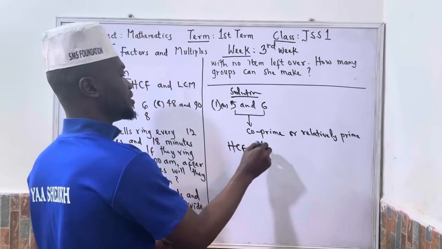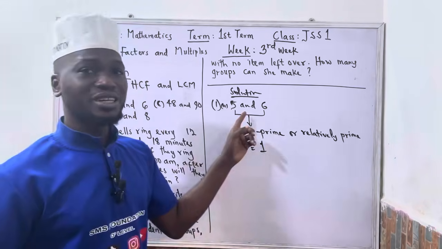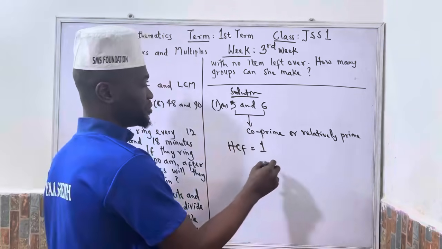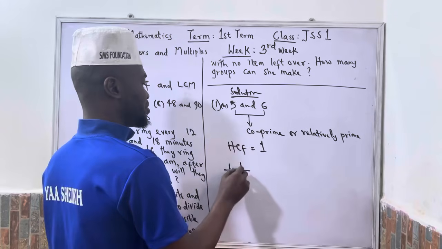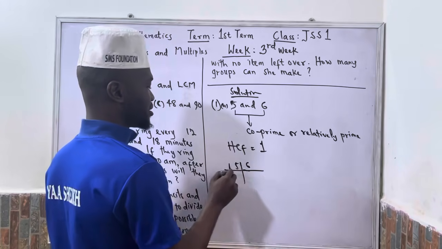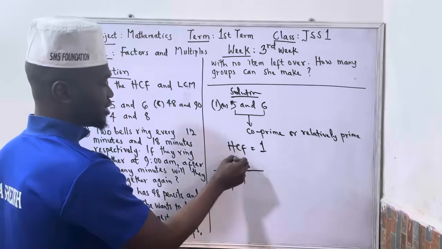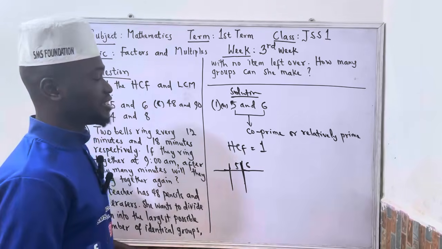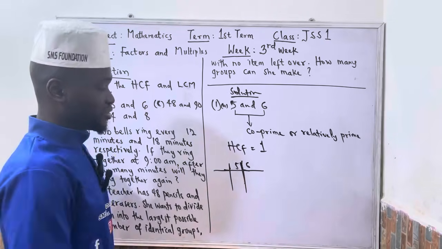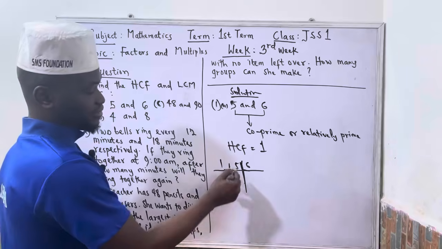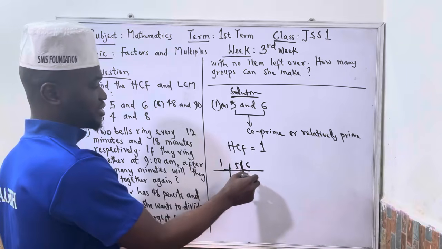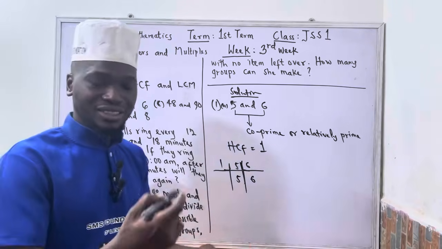So if it happens like this, no matter what you try to do, the HCF in this situation will be 1, since there is no number that can divide them. Even if you draw a table, put 5 here and put 6, there is no number that can divide both of them. There's only 1. So 1 in 5, 5. 1 in 6, 6. You will still be getting the same result.